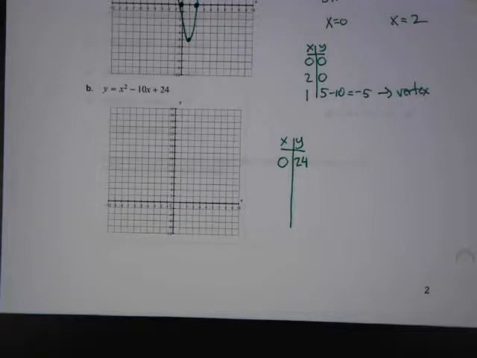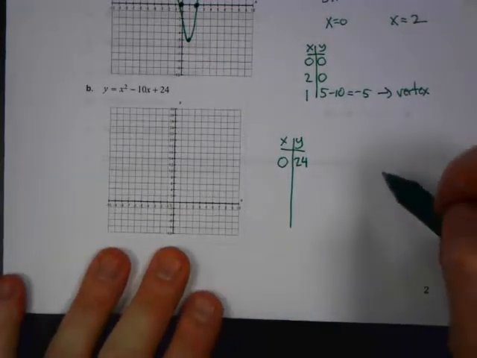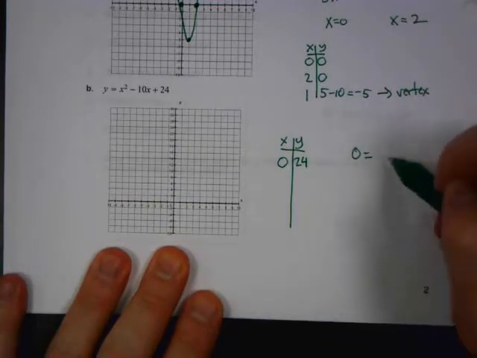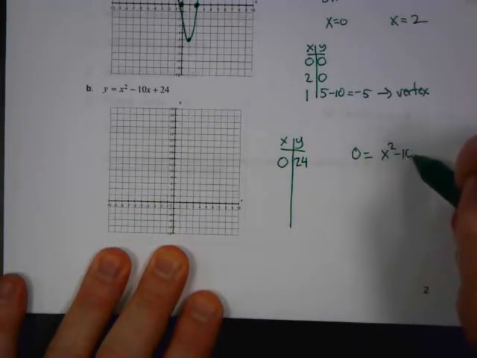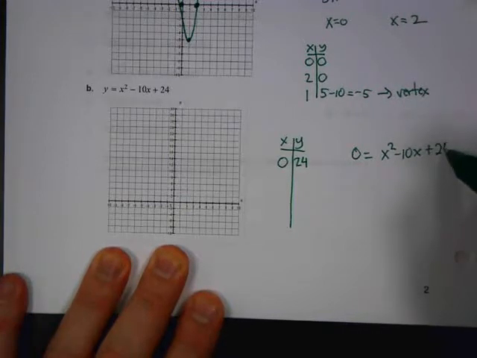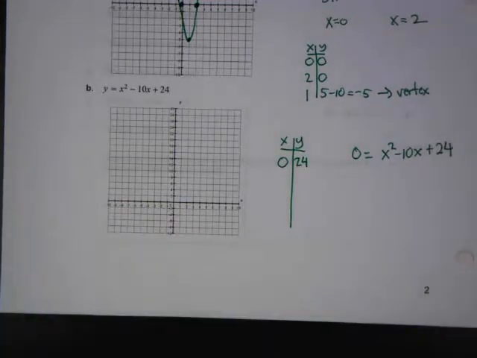Personally, I just like to remember plug 0 in for x because that's what we've always done. All right, that's y-intercept. X-intercept, how do you find the x-intercept? Plug 0 for y. So we're going to have 0 equals x squared minus 10x plus 24. How do you solve that equation?